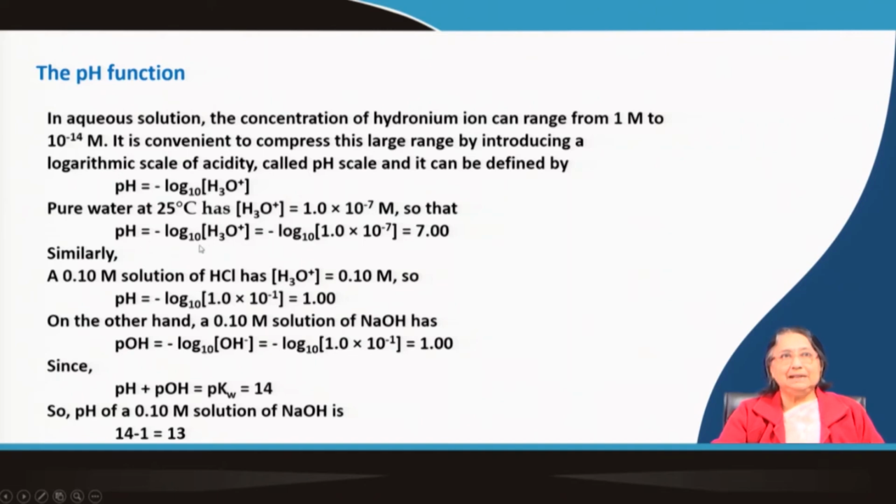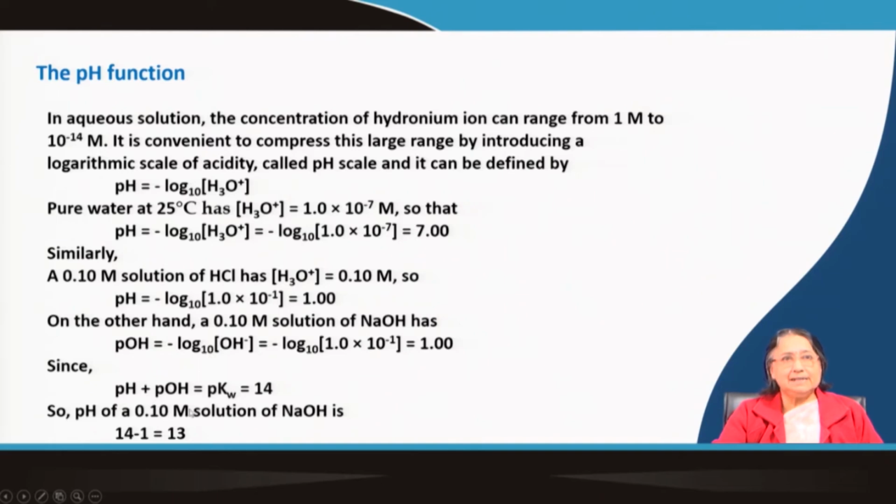So, pH is nothing but minus log of H+ ion concentration or hydronium ion concentration. Similarly, pOH is minus log of OH- ion concentration. So, a 0.1 molar solution of NaOH must have a pOH of 1.